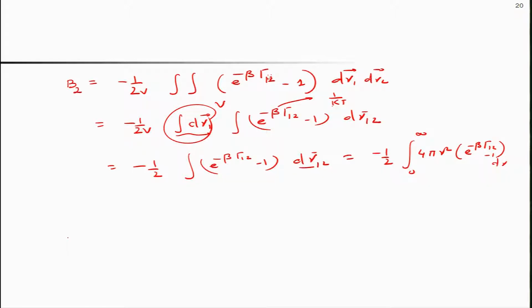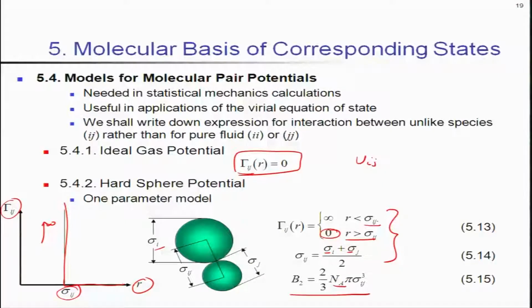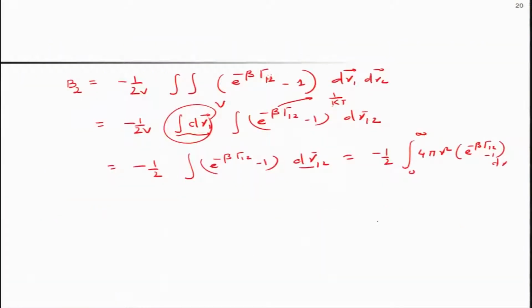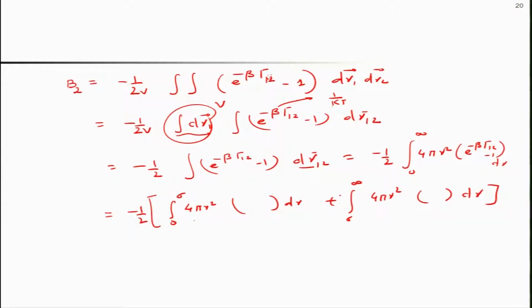Since the potential model has two parts and it depends on whether r is less than or greater than sigma ij, considering the same particle, that means of size sigma, we can rewrite this expression as 1 by 2 times the integral from 0 to sigma of 4 pi r squared dr, plus the integral from sigma to infinity of 4 pi r squared times the exponential term minus 1, dr. Now, when r is less than sigma, gamma is infinity, so in that case the exponential term will be 0.